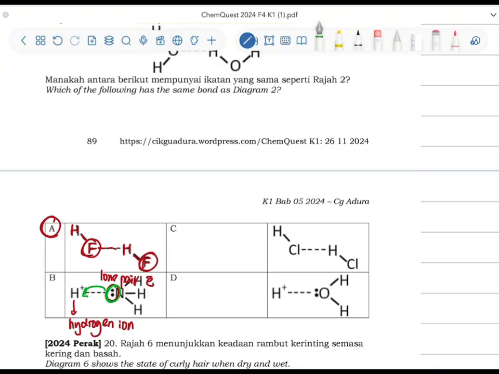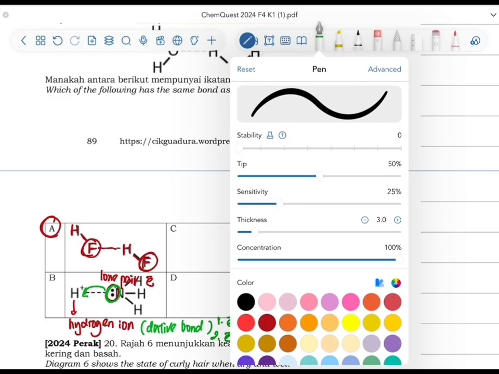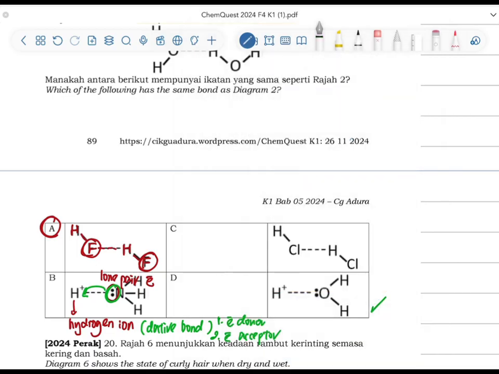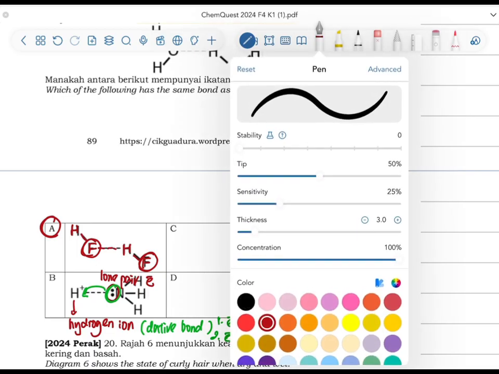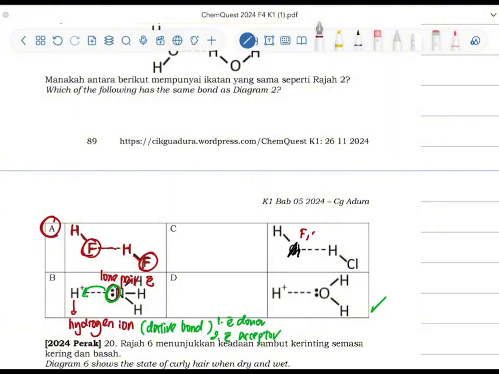This is the formation of a dative bond, which involves an electron donor and an electron acceptor. The same goes for D as well. And for C, as I mentioned just now, the hydrogen should be bonded to fluorine, oxygen, or nitrogen.